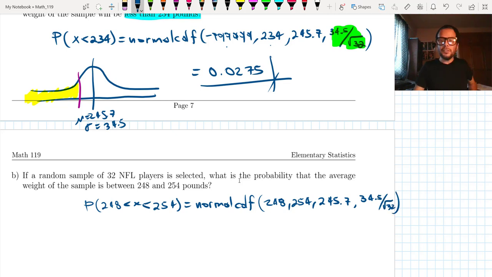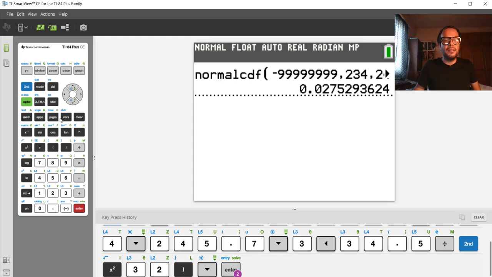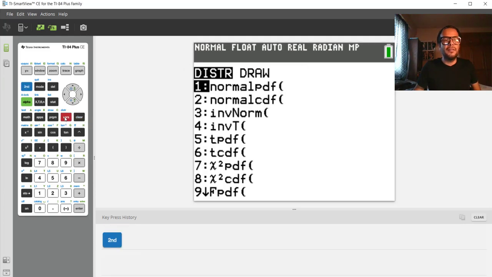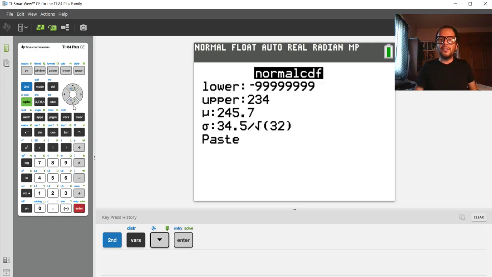Okay, so let's put that on the graphing calculator to find that probability. Okay, so let me clear and clear. Second dist, Normalcdf. Good news, some of the parameters are the same.